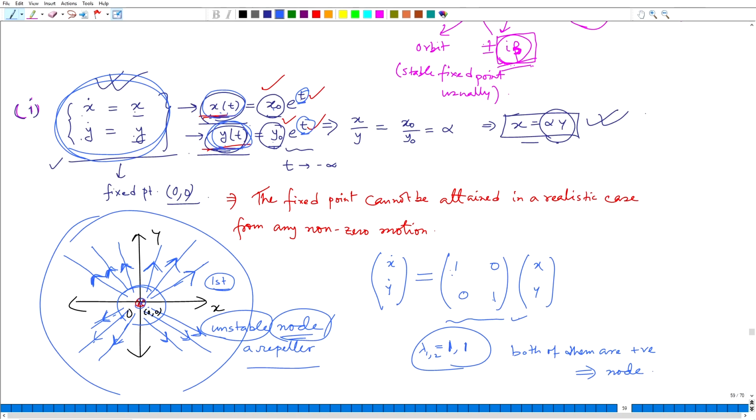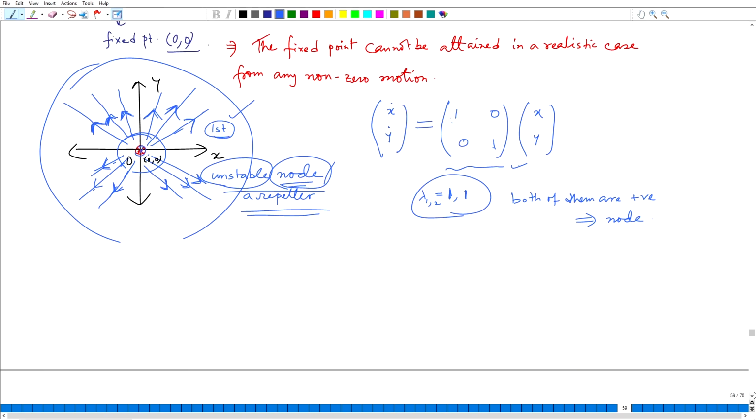So, this is all about this unstable node or a repeller. Sometimes it is also called a stellar type of repeller, because it looks like a star, or you can say an unstable stellar node.